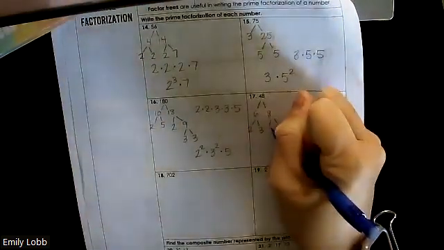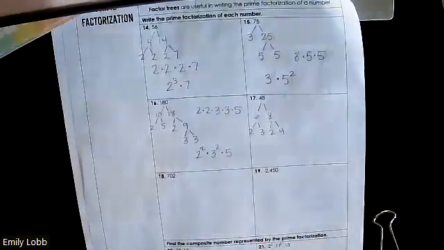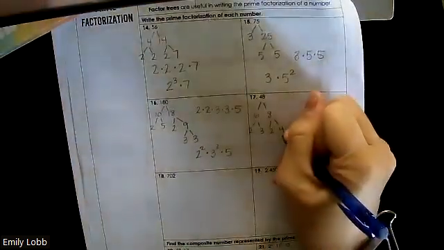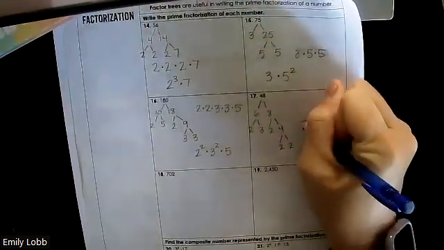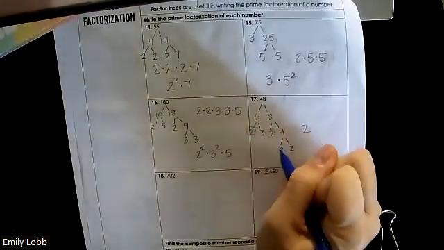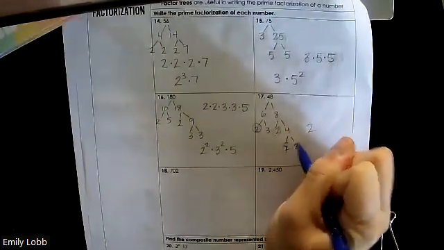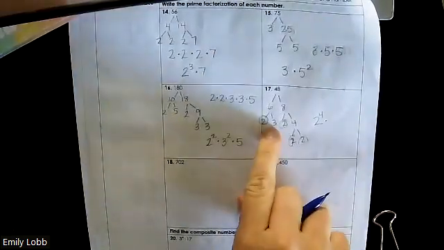Good. 2 and 4 here. So is 4 prime? No. So 2 and 2 here. So here, how many factors of 2, guys? 1, 2, 3, 4 factors of 2. And don't forget we're multiplying it by 3 to get 48.